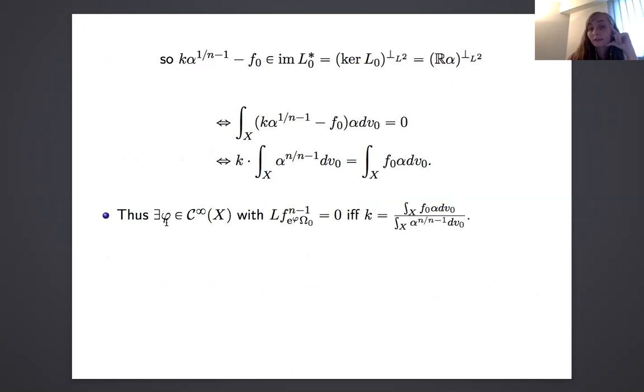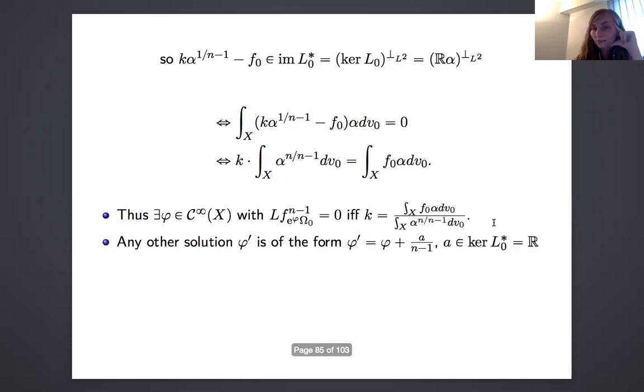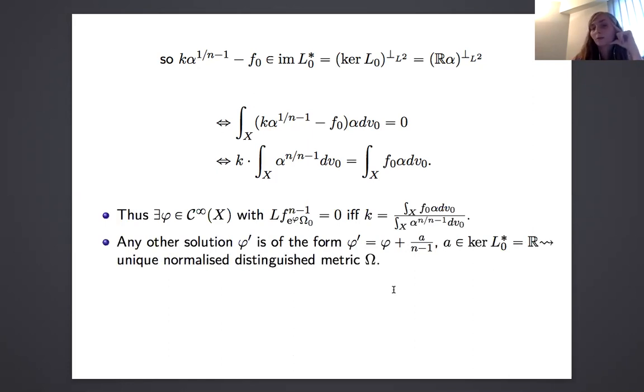So then there exists indeed a solution for our equation if we take k uniquely determined by this quantity. And regarding uniqueness, any other solution must differ by an element of the kernel of L0, which was given by the constants. So in particular, any two solutions differ by a constant multiple. So if you normalize by the volume, then you have a unique normalized distinguished metric.